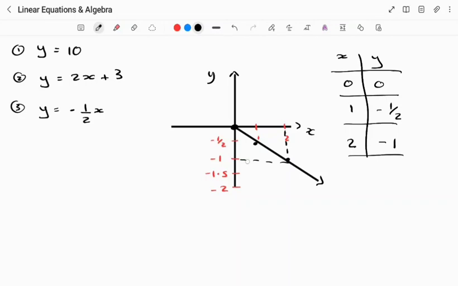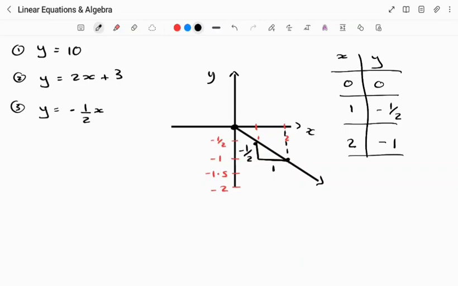Another thing the slope tells us, another way to look at it is this. Imagine I draw a triangle here. What the slope tells us is that for every one value of x that we move to the right, we move half a value down for y because it's negative. That is what the slope means.